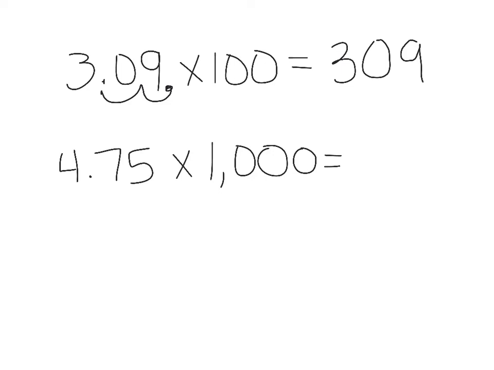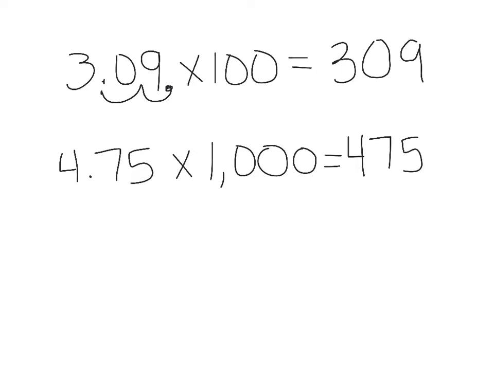If we were to multiply 4 and 75 hundredths times 1000, we have to shift each digit 3 places to the left. So the 4 moves from the ones place to the thousands place. The 7 shifts from the tenths place to the hundreds place. The 5 moves from the hundredths place to the tens place.